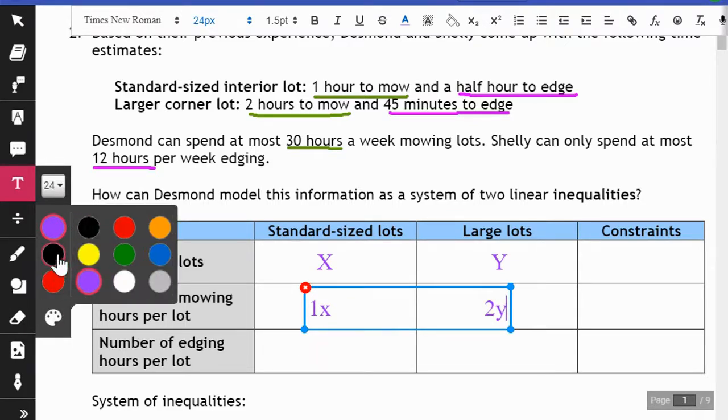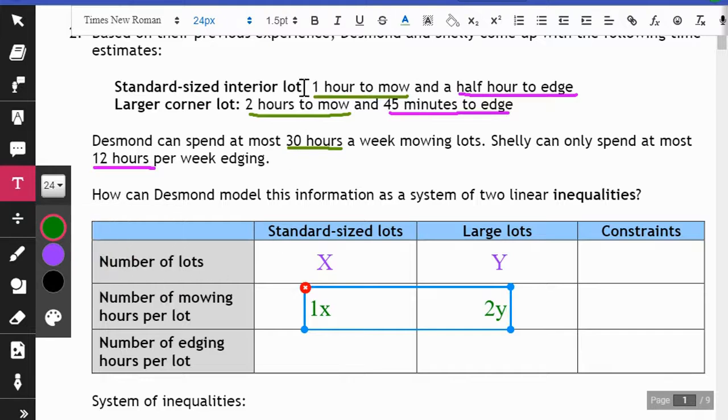We're going to make this one green to match, because this is what Desmond's dealing with. He's the mower, right? And we need it to be less than or equal to 30 hours. Okay.